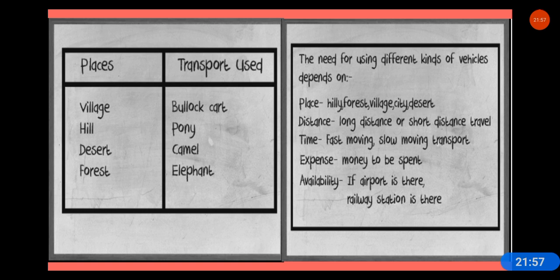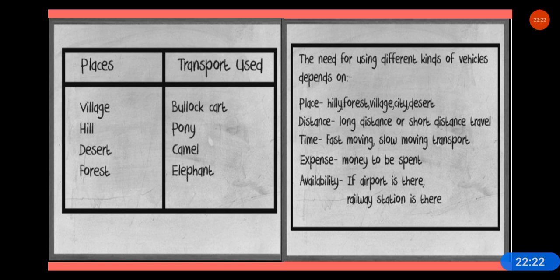The need for using different kinds of vehicles depends upon places like hilly, forest, village, city, desert. Then distance, long distance or short distance travel. For long distance we use different vehicles, for short distance we use different vehicles. And timing. Fast moving vehicles are there, slow moving vehicles are available.